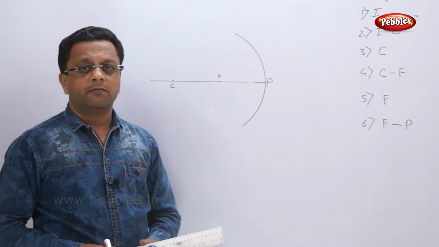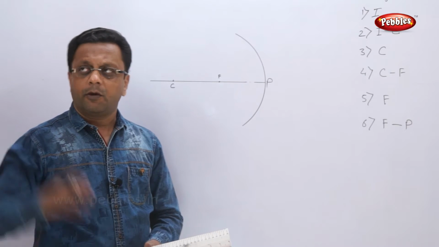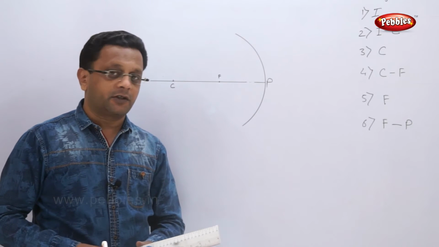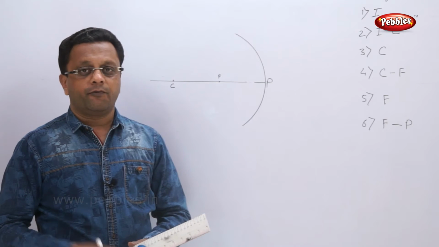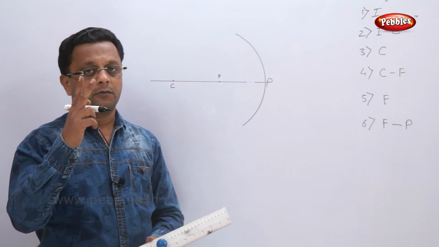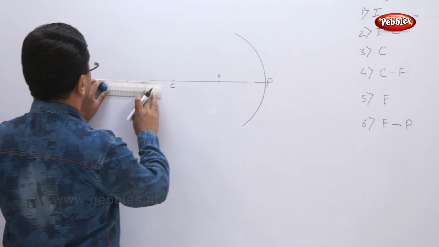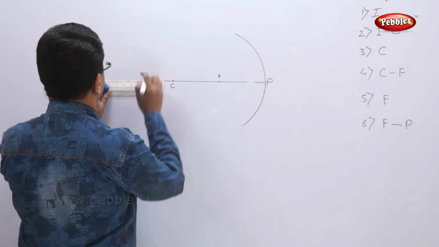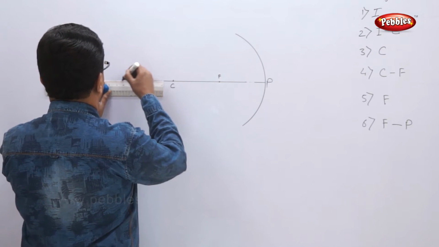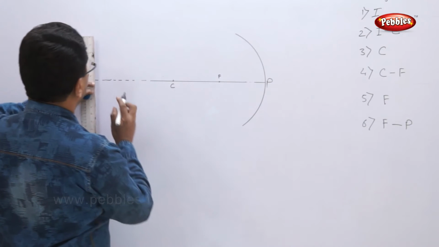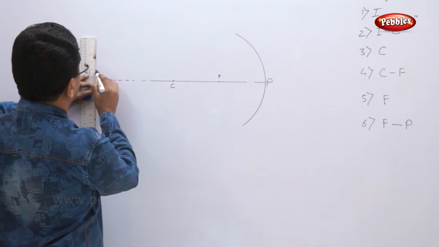All the rays will come parallel because they are coming from a very, very long distance. In this case, we have to show only two rays. So I am taking this object on infinity somewhere here.